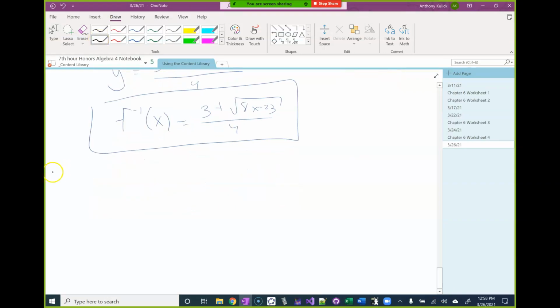So the other thing that we might like to be able to do is to prove two functions are inverses. So for this, we have a theorem.